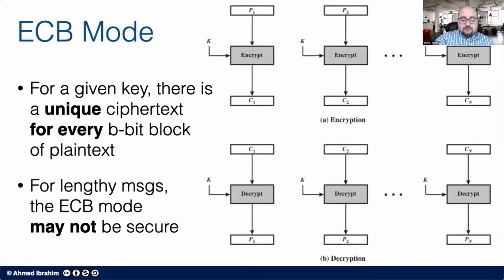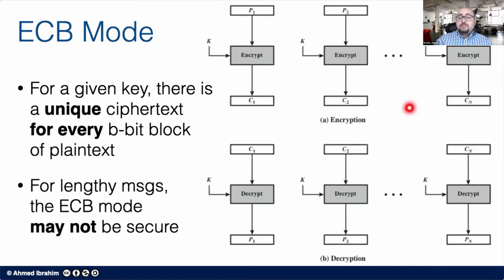The weakness is that for any given key, there's a unique ciphertext for any B block of plain text. And for lengthy messages, ECB may not be secure. Why? Because if the plain text appears multiple times, the same ciphertext will appear multiple times.